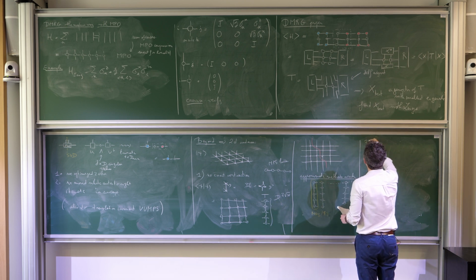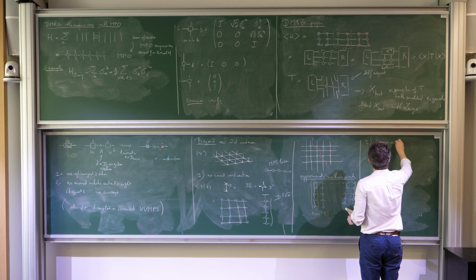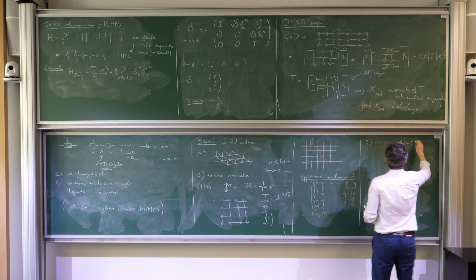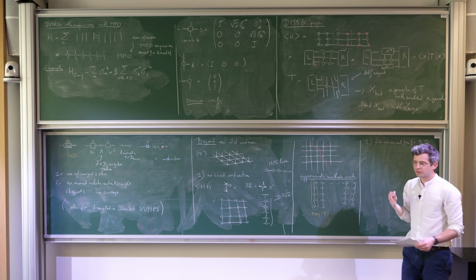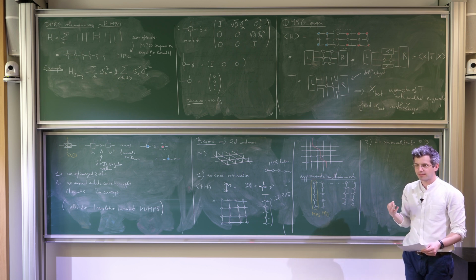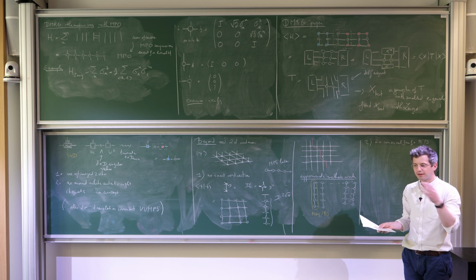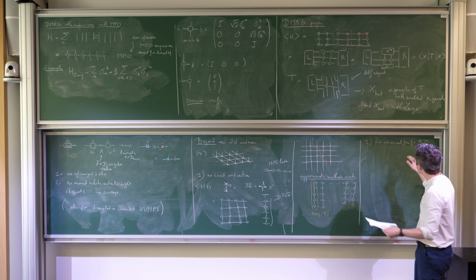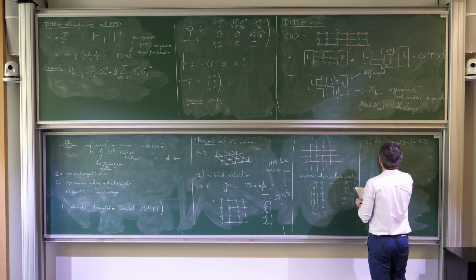The second problem is that there is no canonical form for PEPs. So you cannot reliably truncate a PEPs, a two-dimensional tensor network, just by killing some singular values that you don't care about, because this form in full generality doesn't exist. And so it means that the easy algorithms are less reliable.